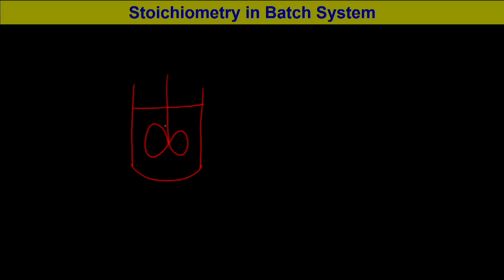So, this is the batch reactor, where all the content is present initially, and it is closed. At t is equal to 0, your condition is you have reactant Na naught.